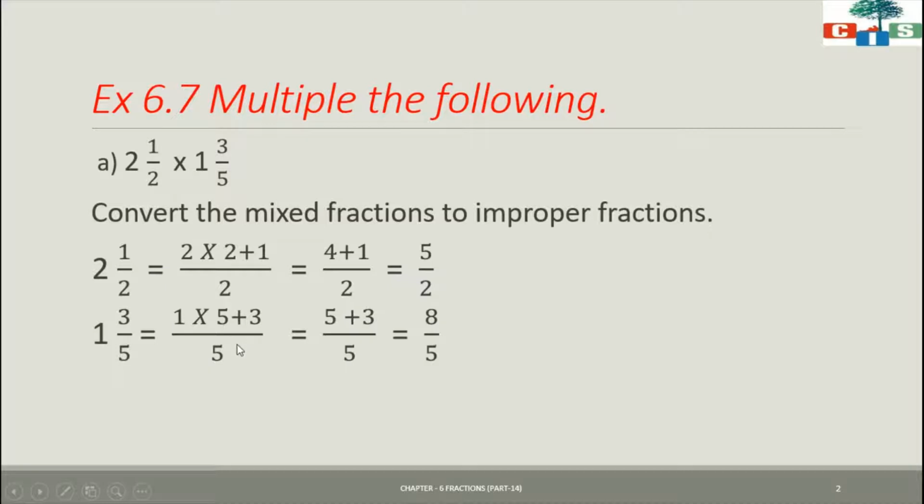So 1 5 is 5, plus 3 is 8, giving 8 by 5. So 8 by 5 is the improper fraction for 1 3 by 5. Now we come to step number 2, where we simplify by the multiplication fact.